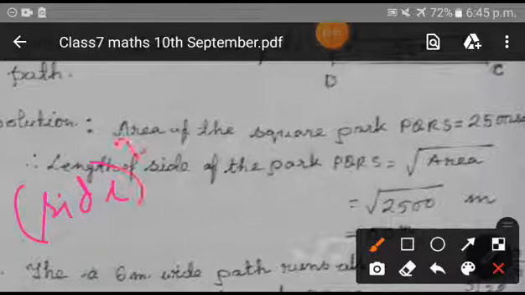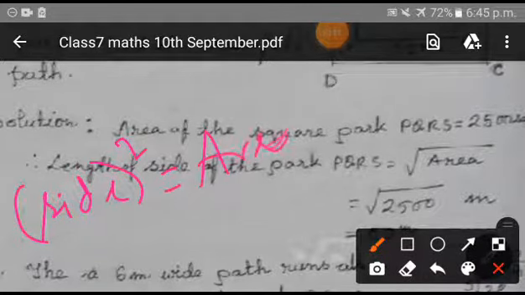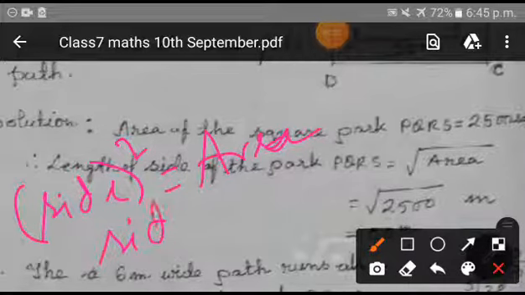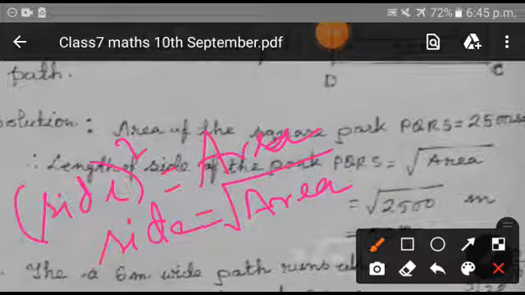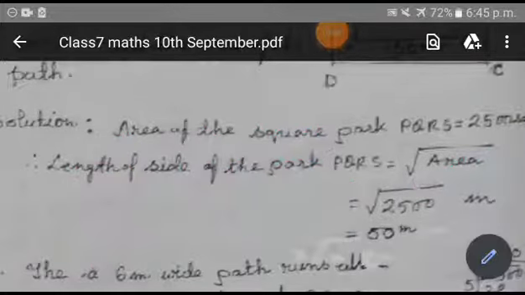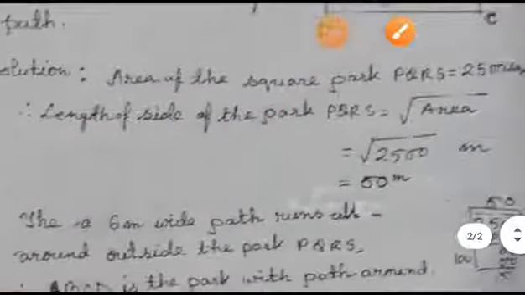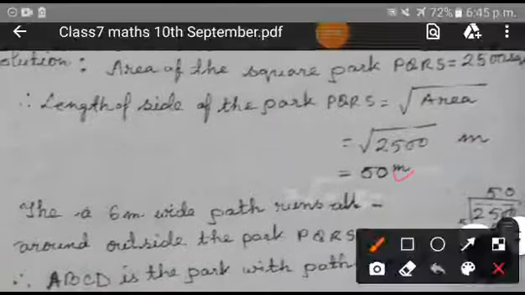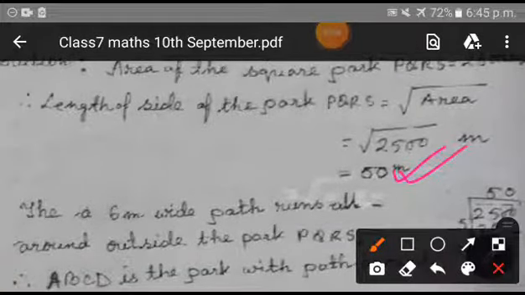This is the formula for finding the area. So side will be the root of the area. For finding the side of the park, we simply calculate the root of 2500, which is 50 into 50. That means 50 meter.